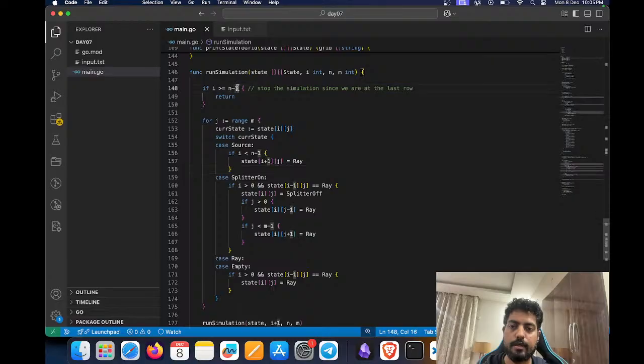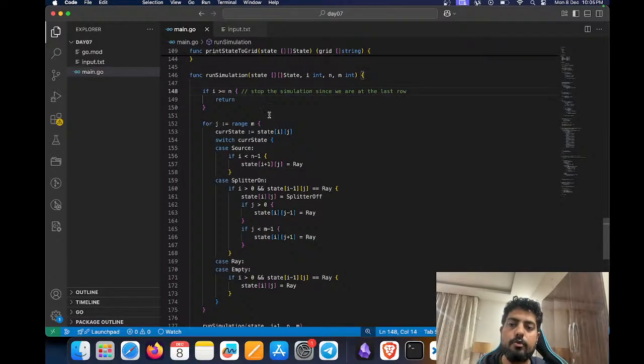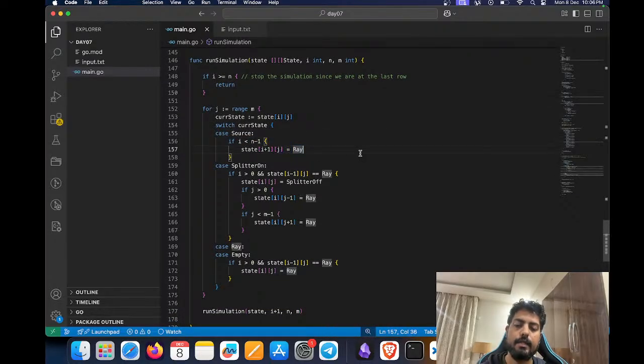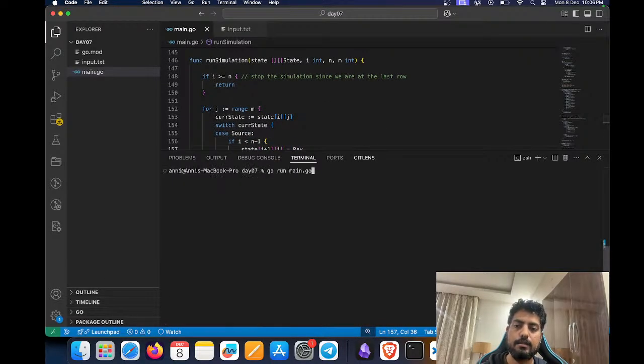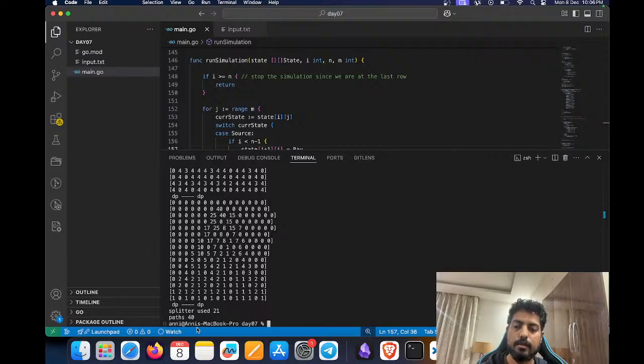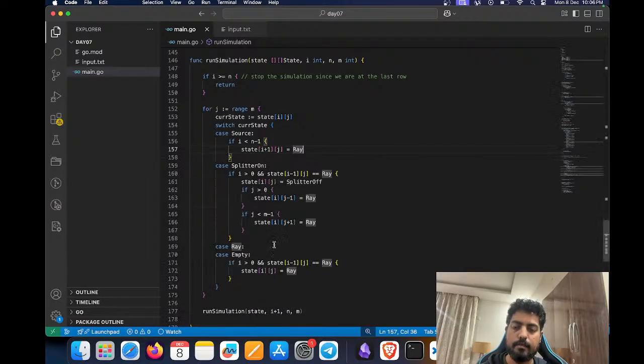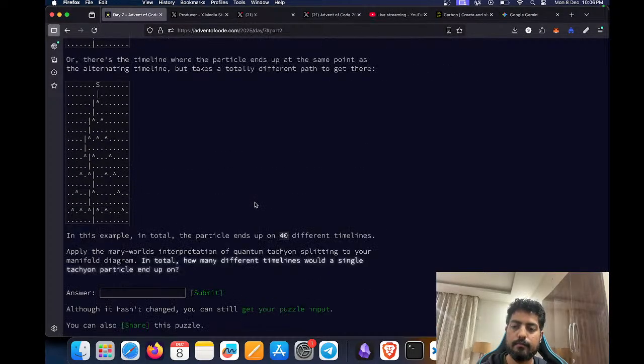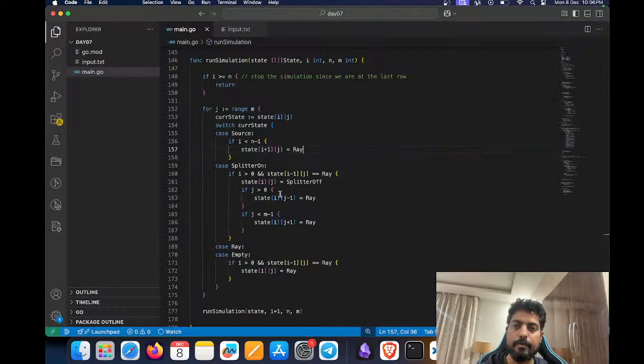If we go out of bound, we return. Earlier I wasn't doing it because I did not write this condition to prevent that bound access. So paths is now 40. Now we have 40 different paths, which is cool.